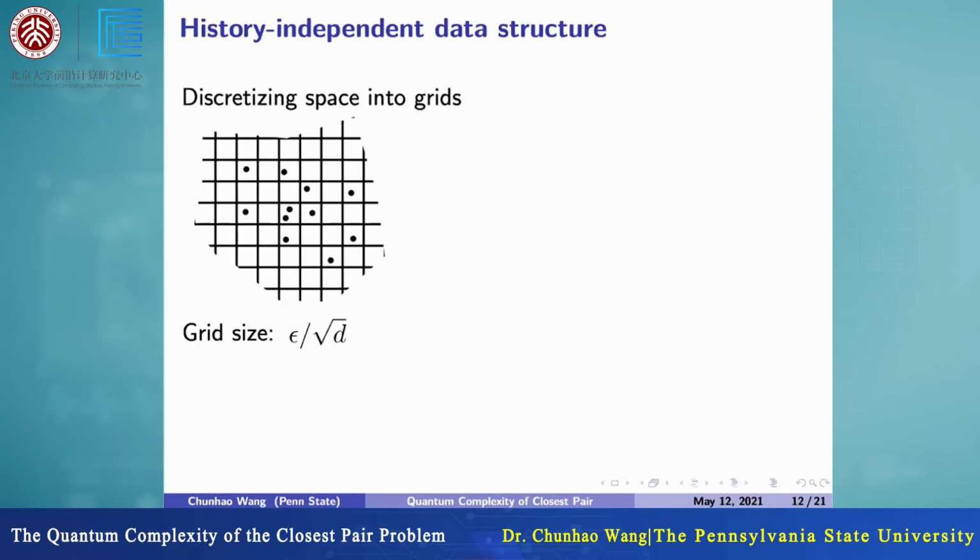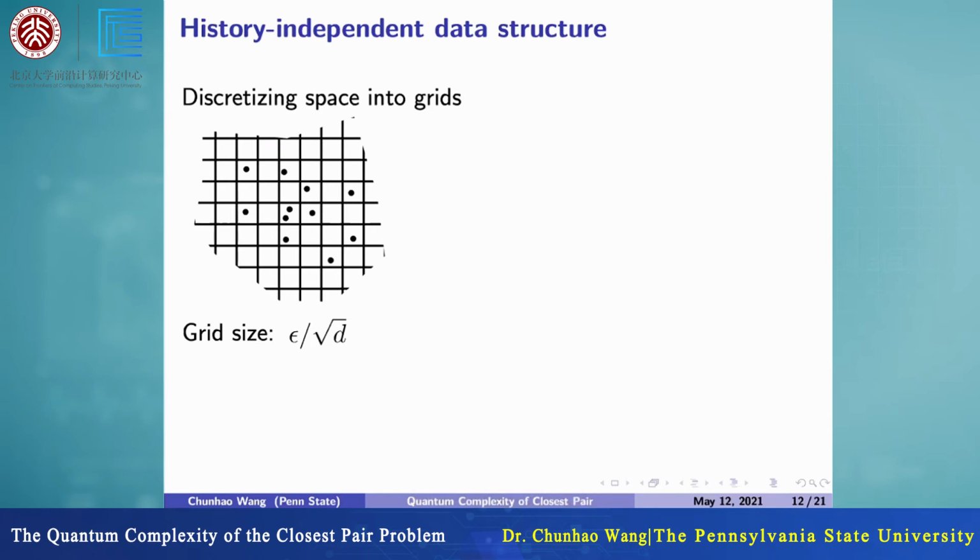To overcome this, we define this data structure. It's somewhat complicated. The first thing we do is discretize the space into grids. Some grids are empty, but some contain one point or more, and the grid size is epsilon over square root d.